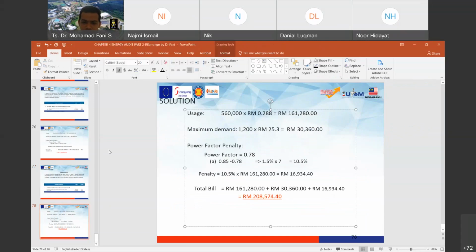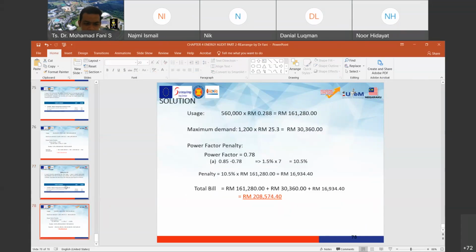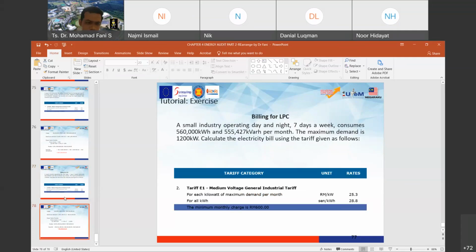So I think you better refer to that exercise and recheck on how you can get the power factor and then come out. The process is the same process, but the important thing is to get the correct value for the power factor. Okay? Ni kena buat balik lah untuk test preparation nanti.